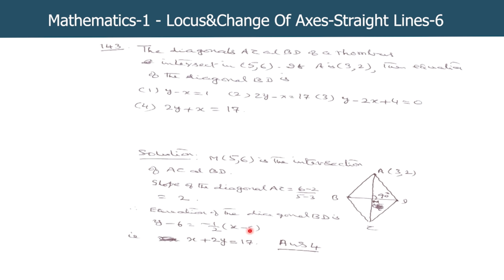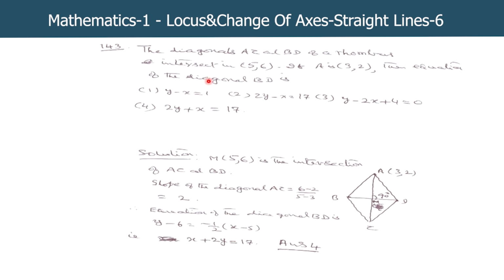So, its slope must be minus 1 by 2, because the slope of AC is 2. So, its equation is y minus 6 is equal to minus 1 by 2 into (x minus 5), which is x plus 2y is equal to 17. So, correct option is option 4.